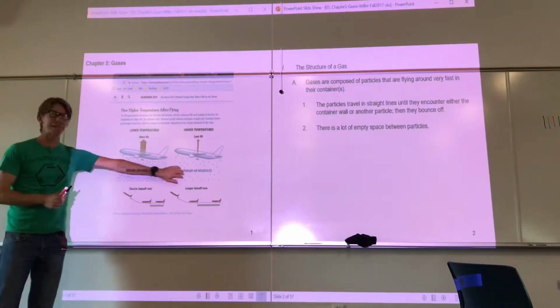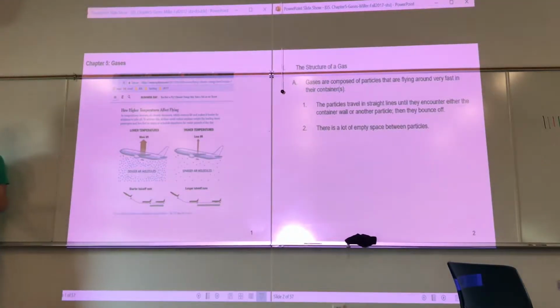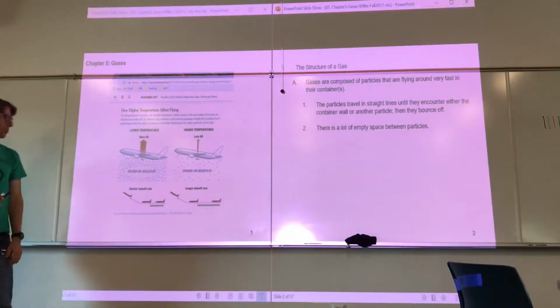So as temperatures get higher, say due to global warming, planes are not able to take off. That's the point of this article. And it's related to the number or the density of the air molecules.